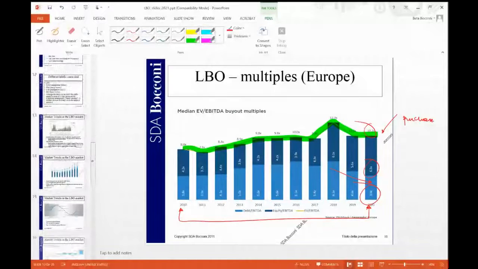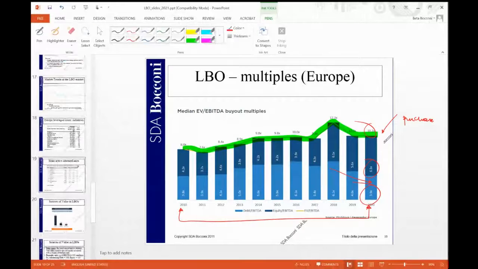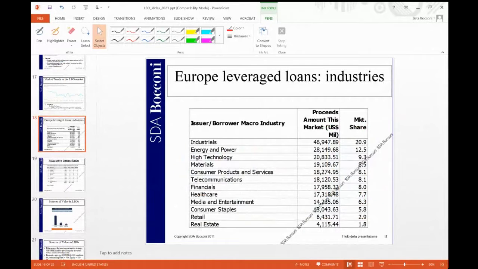Well, basically, I don't have much to say, in a sense that when we look at the market for LBOs, essentially what is happening nowadays is that, first of all, I wanted to show you the typical candidates for leveraged loans. If you look at the statistics in terms of the concentration of LBO funds, you will see indeed that there are some of the sectors on top of the league tables that indicate exactly some of the features that we mentioned.